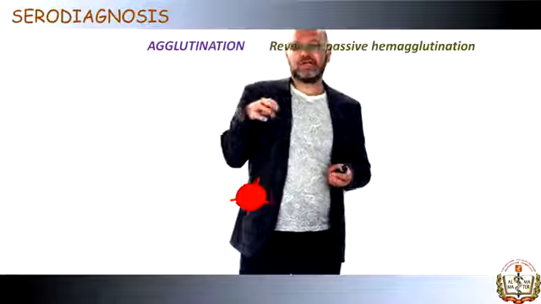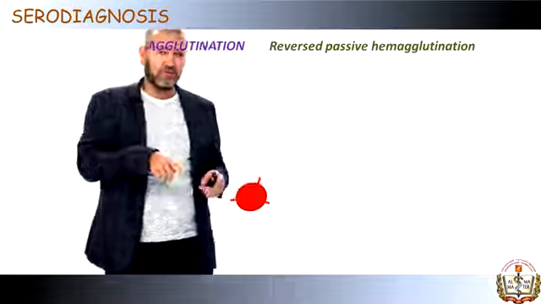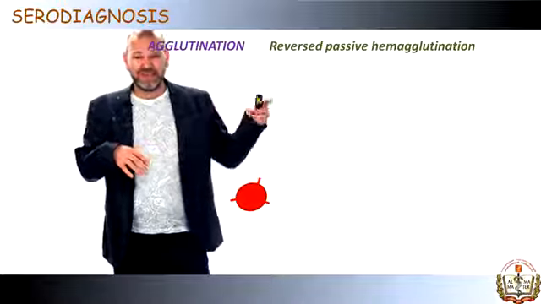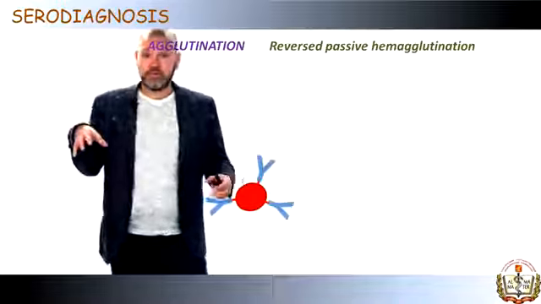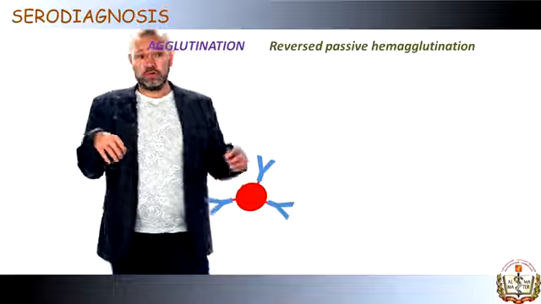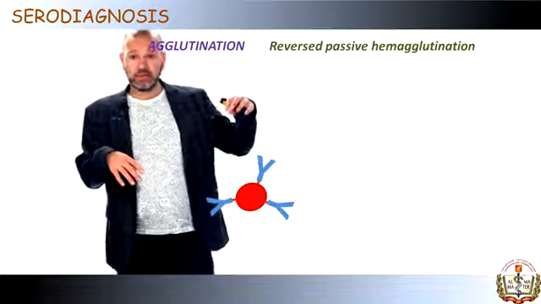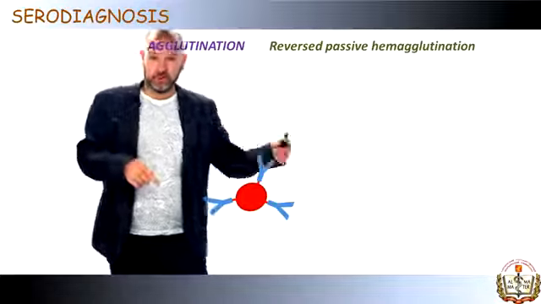Passive means that RBCs will not clump themselves. Something should be artificially fixed to the surface of RBCs. And of course, if it is reversed, then that something should be antibody. You have antibodies fixed to RBCs, because in normal direct you should have antibody as a soluble compound, but here you have antibody as a particle, thus reversed.